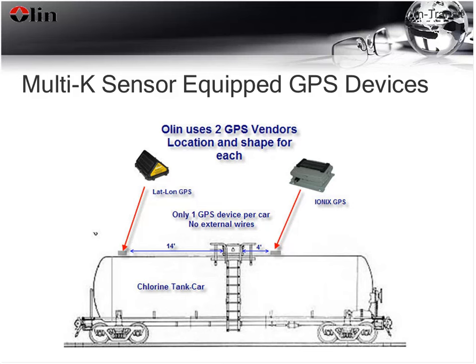And we also placed the units outside the platform area to avoid the damage and tampering possibilities. We found that it's most important to be consistent with GPS placement, and that way you can do comparisons with other impacts on other cars.